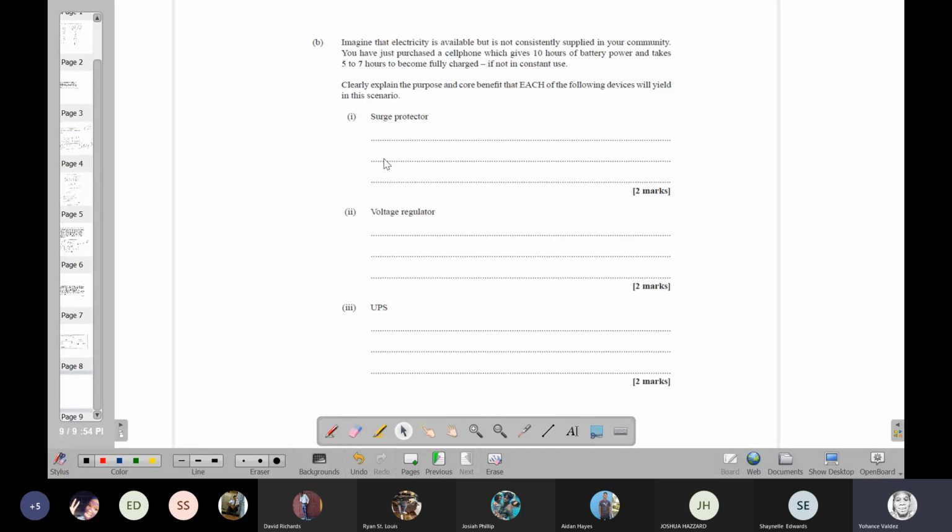The voltage regulator does what? Control the amount of volts it could take. Right, so the voltage regulator regularizes the input against low power supply and spikes or surges in power supply. Whereas the surge protector only protects against a high surge of power coming in, the voltage regulator takes an unstable signal and stabilizes it.